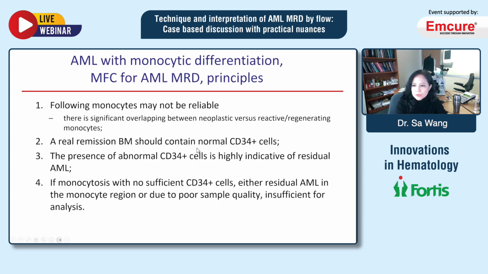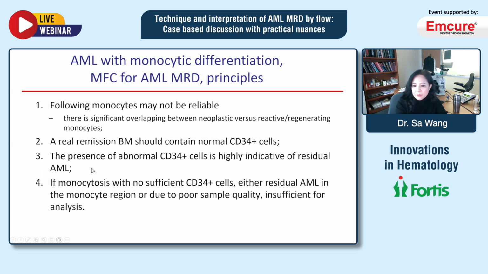So before, we always educated our faculties before venetoclax treatment. We say, if we follow monocytes, it's not reliable because there's a lot of overlapping between neoplastic versus reactive regenerative monocytes. So the real remission bone marrow should contain normal CD34 cells, unless the patient is in early relapse from stem cell transplant, because you still retain a lot of CD34 cells.